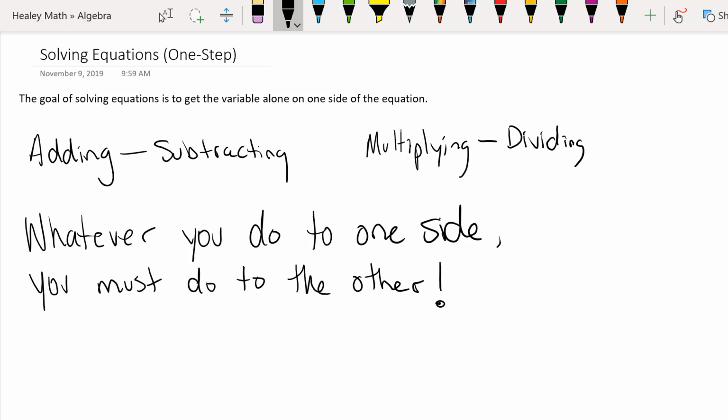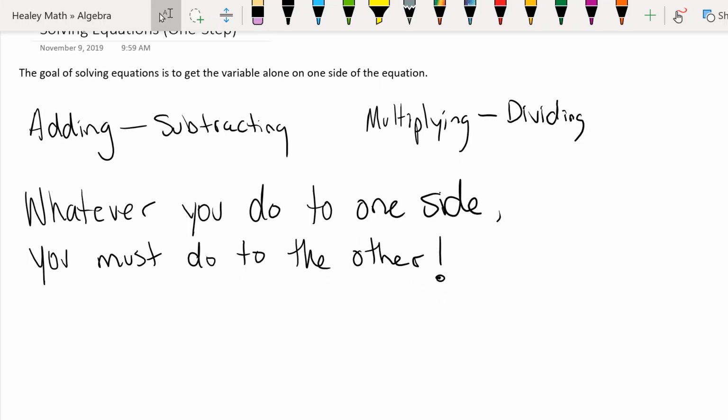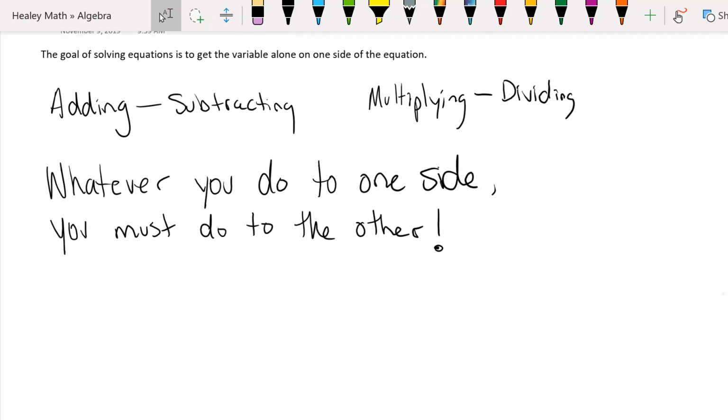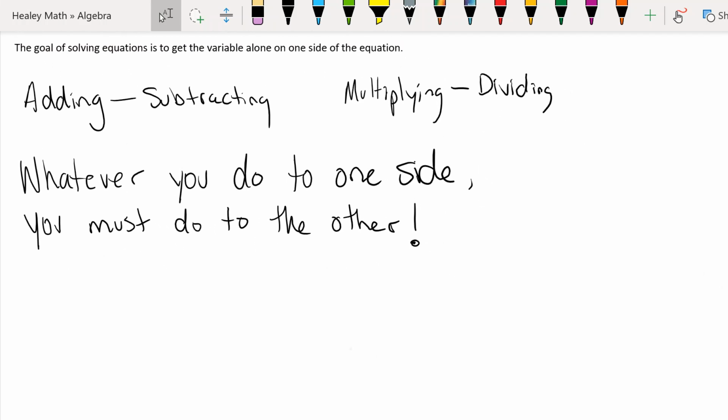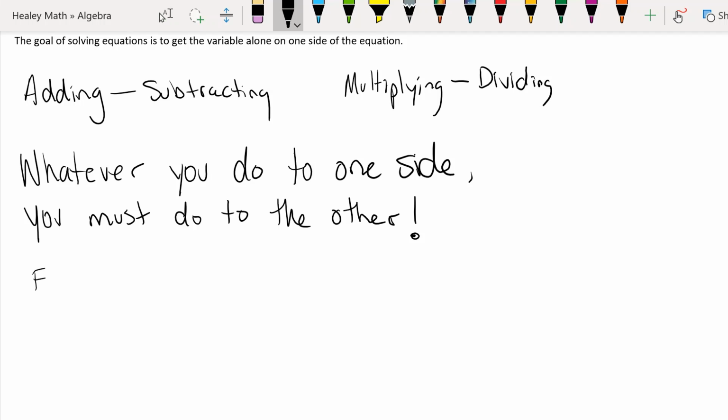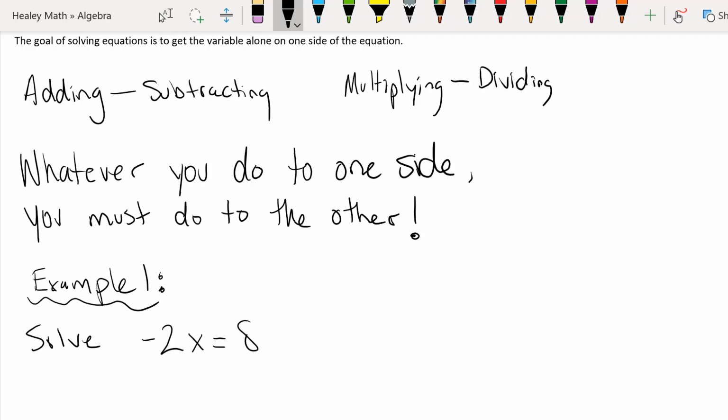Let's go through some examples to show these rules. So, example number 1. Solve for x, where we have negative 2x equals 8.